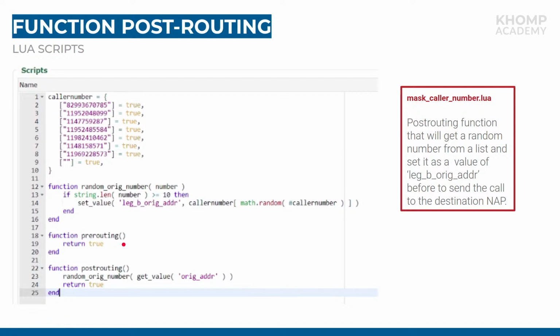If our routing compiler says that the route is okay, he's going forward with the call, and then once they locate the route, he's going to run this script and change the from of that call. And how do they change the call? Changing this leg by origin address.